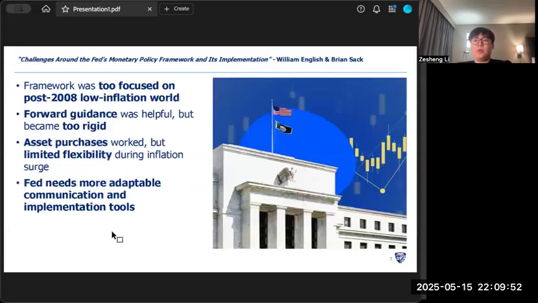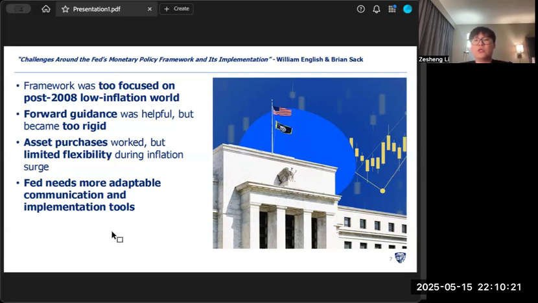And the paper by English and Sack is a great bridge between our class material and real world policy. It shows how the Fed's communication and tools like forward guidance and asset purchases shape market expectations, and even constrained flexibility when inflation rose.